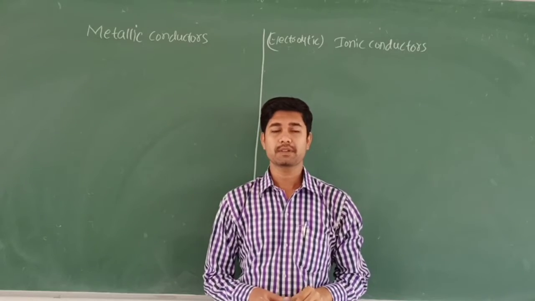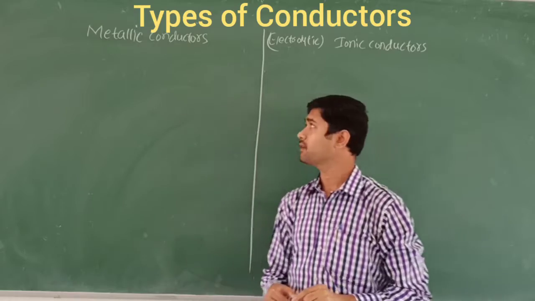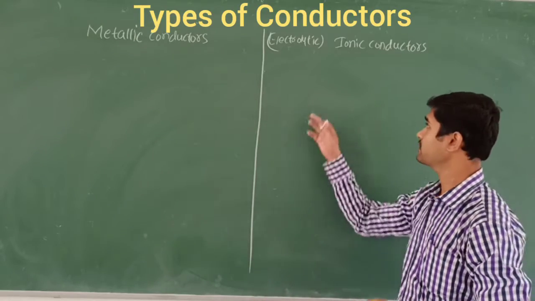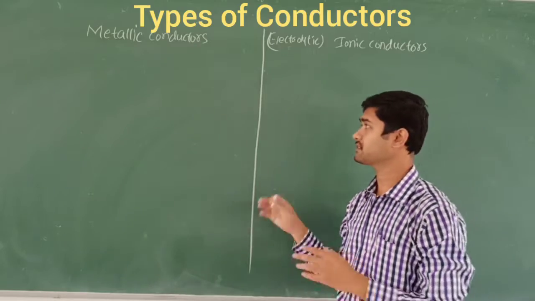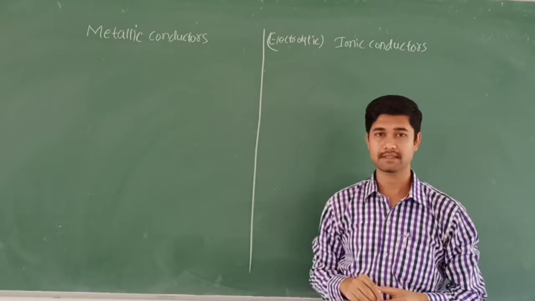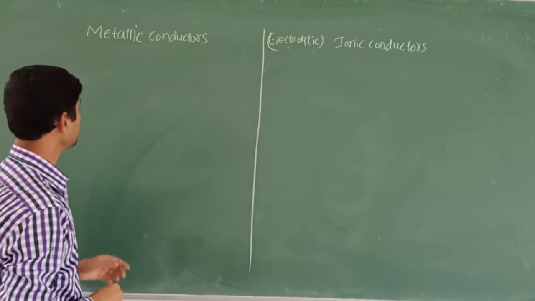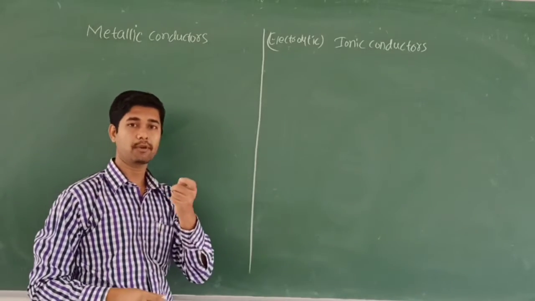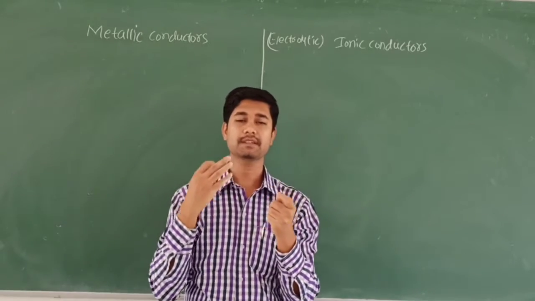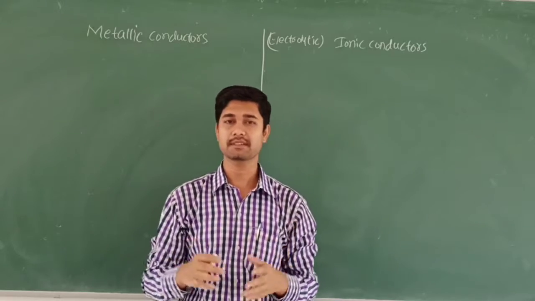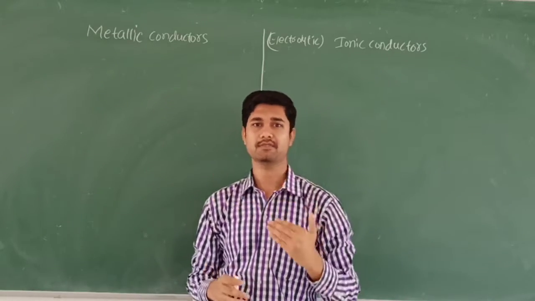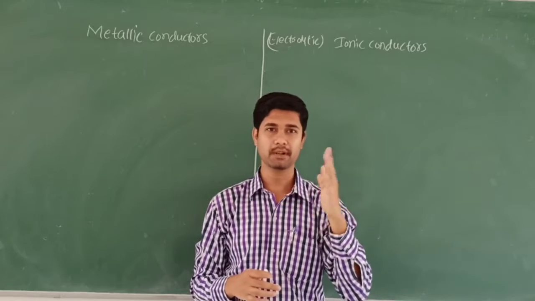Let's discuss the types of conductors. One is metallic conductors, and the other is electrolytic conductors or ionic conductors. Let's see the difference between them. First, metallic conductors. When you take a copper wire and provide electricity, how is the electricity supplied in the copper wire? That is nothing but the movement of electrons. We usually cannot see it with our naked eyes.